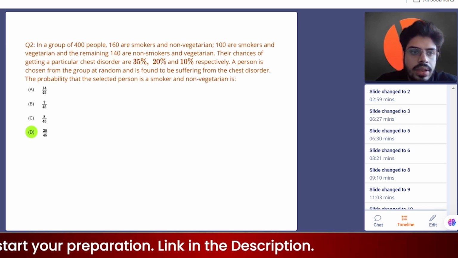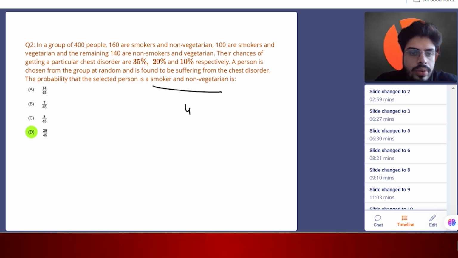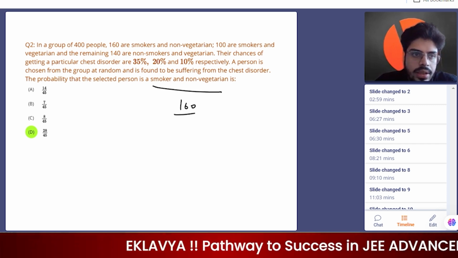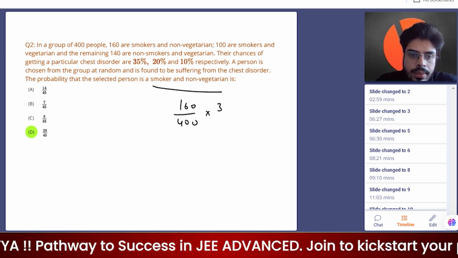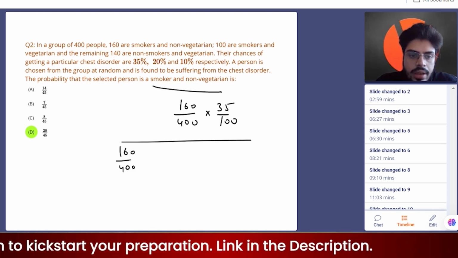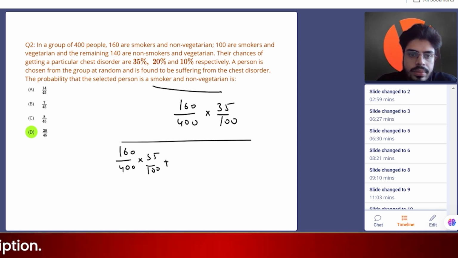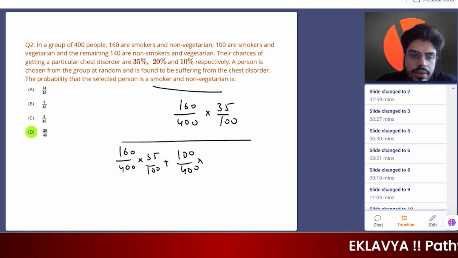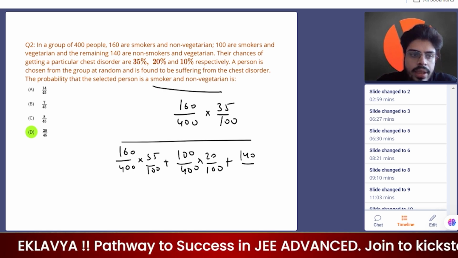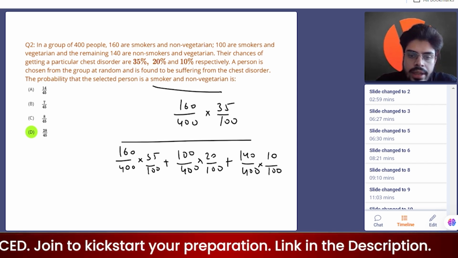So let us apply the Bayes theorem. For smoker and non-vegetarian, we will get 160 by 400 into 35 by 100, and then the summation: 160 by 400 into 35 by 100 plus 100 by 400 into 20 by 100 plus 140 by 400 into 10 by 100.